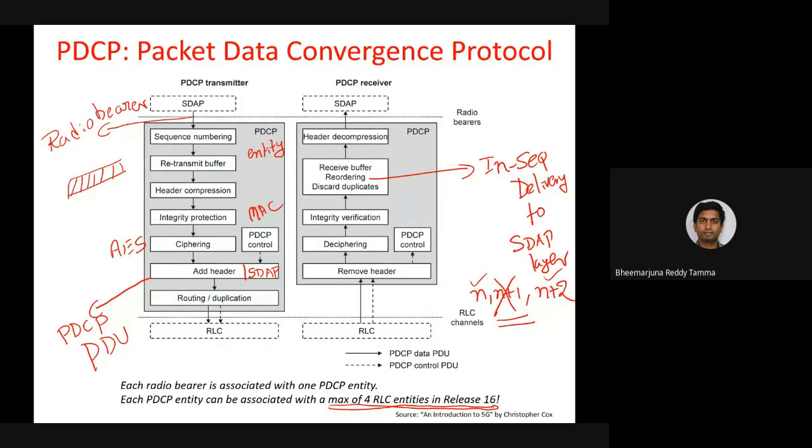And if needed, it also does the reordering. It is not that you deliver n plus 2 and after that you deliver n plus 1. That is not accepted. Whatever packets are delivered should be delivered only in sequence.